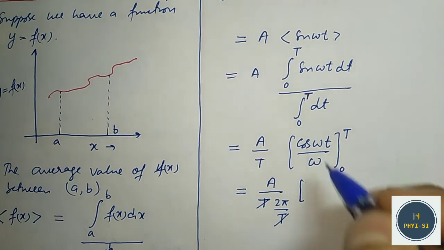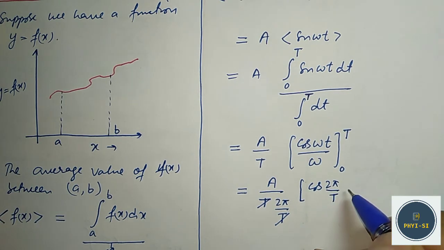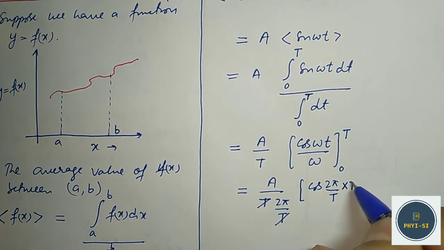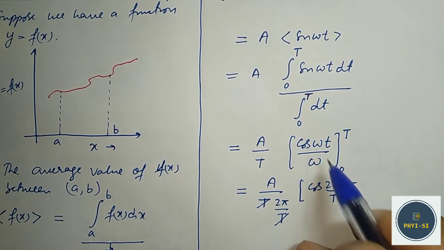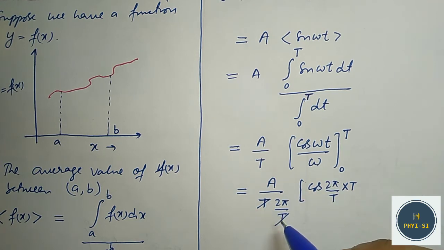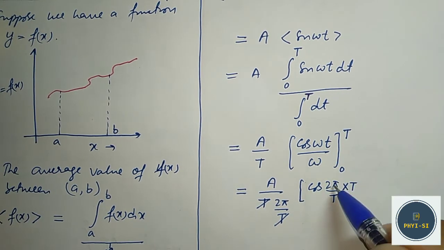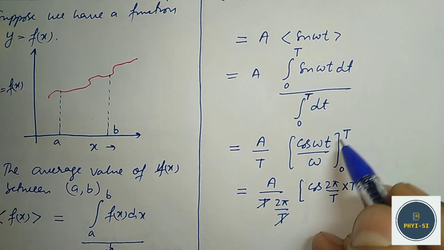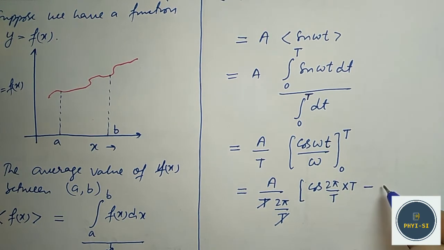Omega is equal to 2 pi by T, so T and T cancel out, and when we put the upper limit in place of small t, it becomes cos 2 pi by T into T, and then the lower limit.